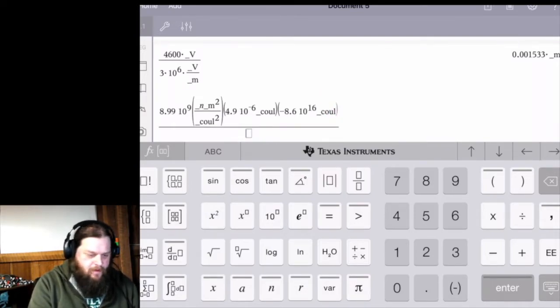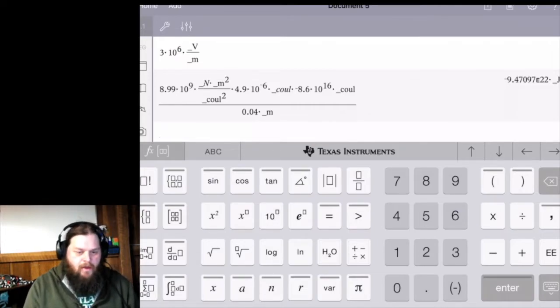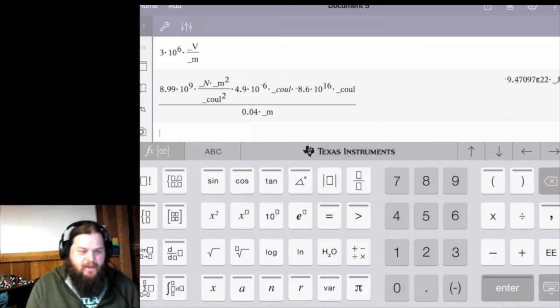And we're going to divide that whole value by 0.04 meters. And that gives us a potential energy of negative 9.47 times 10 to the 22nd joules.